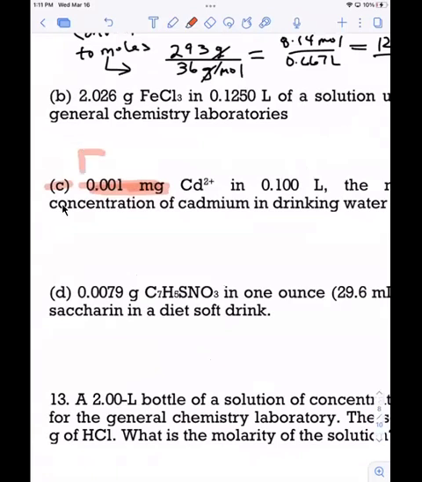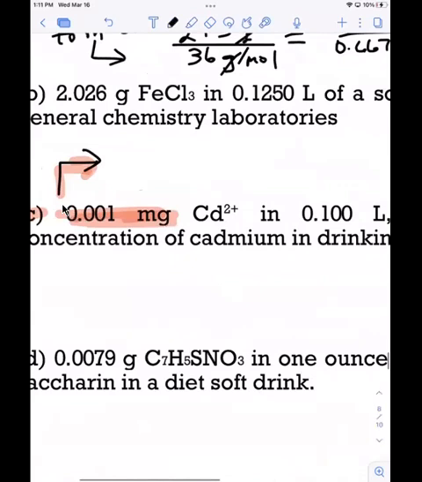So this is 0.001 milligrams. So we're going to have to go from milligrams to grams and then grams to moles. Right, that's the strategy. Everything has to be in moles and liters when you're dealing with concentration.